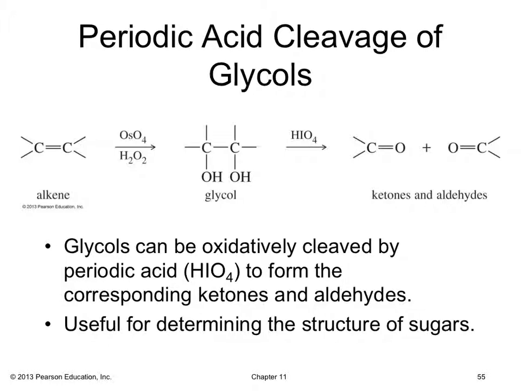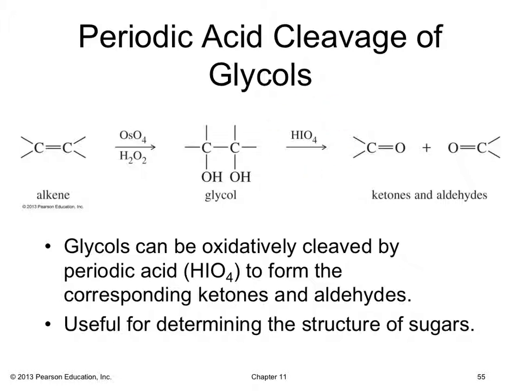Periodic acid cleavage of glycols. Here's your alkene. To form glycols, you can just use osmium tetroxide and peroxide, or cold dilute KMnO4, potassium permanganate. This will generate the glycol by syn addition, as we've learned in the previous chapters.